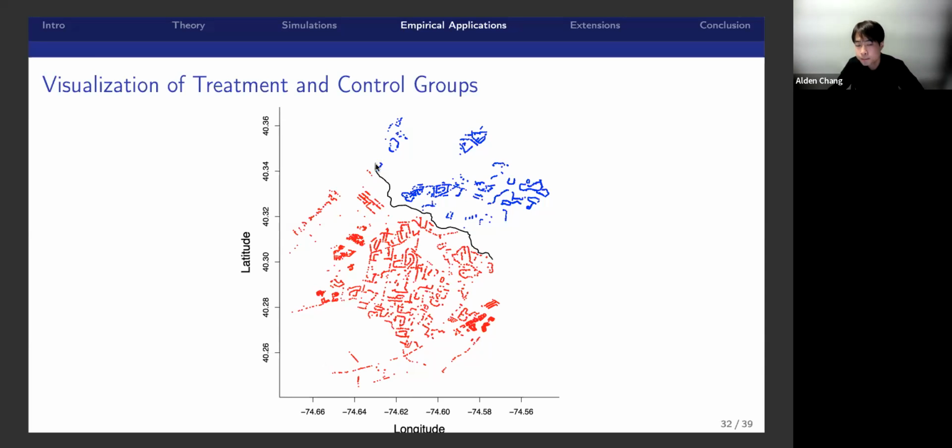And the treatment frontier is no longer a right angle like we saw in those previous examples, but it is this black curve that separates the two bordering DMAs. So what we are essentially doing is comparing voter turnout in observations like the blue ones that are close to the boundary, to the red ones that are also close to the boundary.